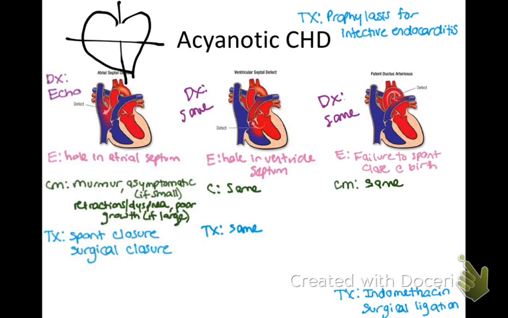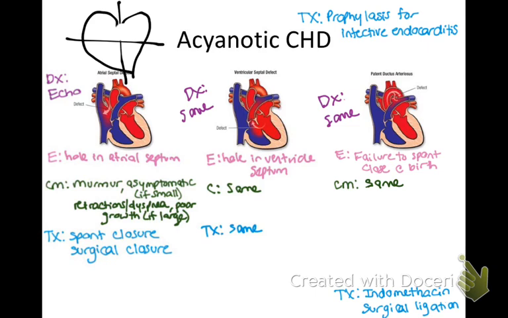So with an ASD, blood in the left atrium should go to the left ventricle, but it gets shunted because of that left to right shunt, because of that pressure, back into the right atrium. So now you have partially oxygenated blood heading to the right ventricle and heading back to the lungs. And it's not all going there. And again, the bigger the hole, the more oxygenated blood being shunted over.